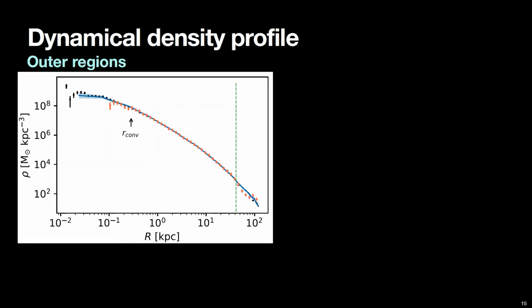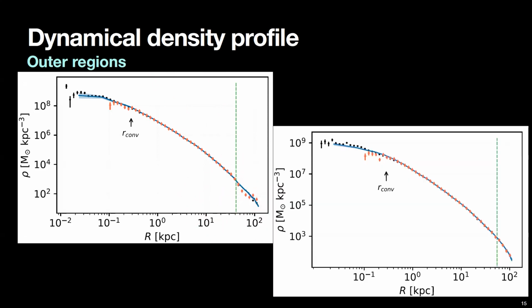And finally, I'll say a few words about the outer regions. I don't have too much time to go into this, but they're very interesting results, I think. So feel free to ask me or come and chat to me after the talk. In the example halo, you can see that beyond the virial radius, which is the green line here, our dynamical estimate seems to start disagreeing with the bin estimates. This doesn't happen for all halos. We have some halos where it keeps agreeing even beyond the virial radius, even 2 or 3 times the virial radius.